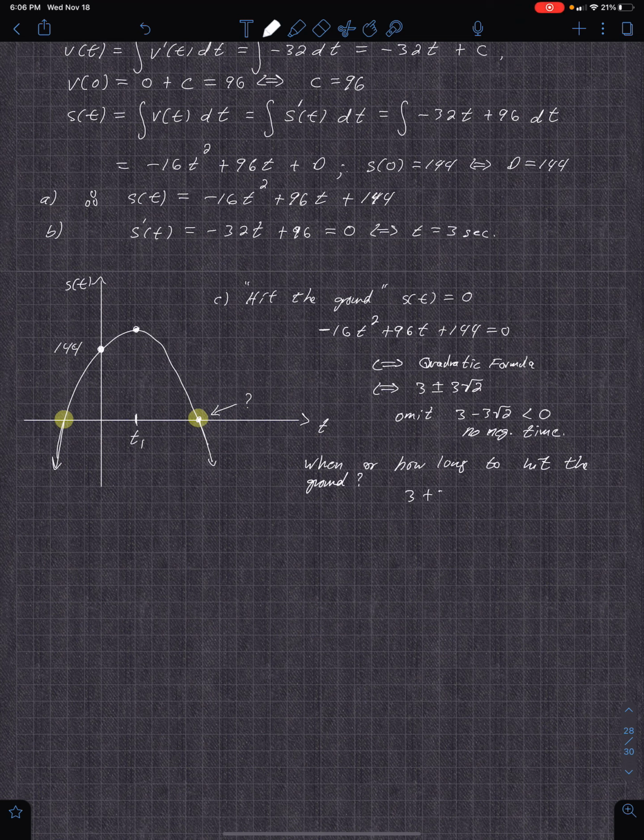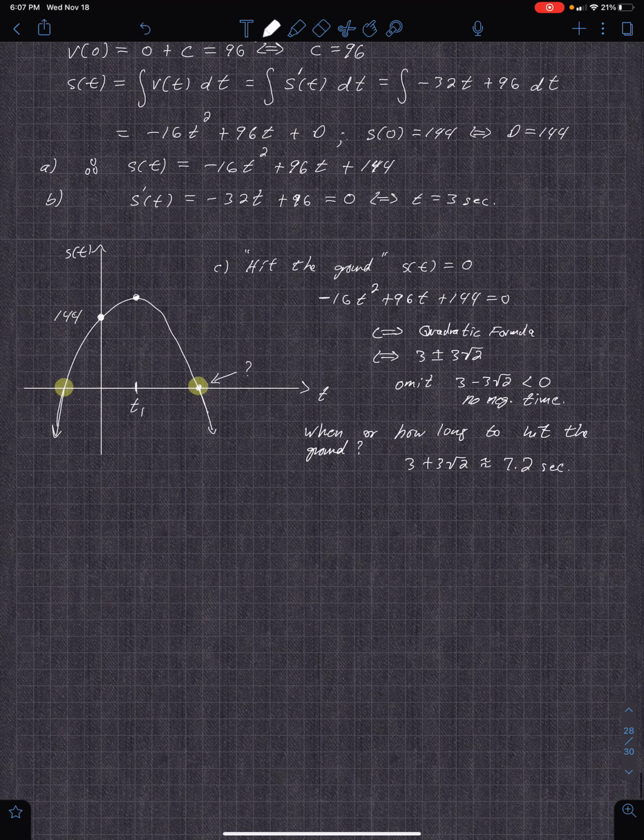That's 3 plus 3 root 2, which is approximately, let's just do it real quick. Kind of curious, actually. So what is that calculation? 2 root, 3 multiply, 3 add. So 7.2 seconds. 7.2 seconds.